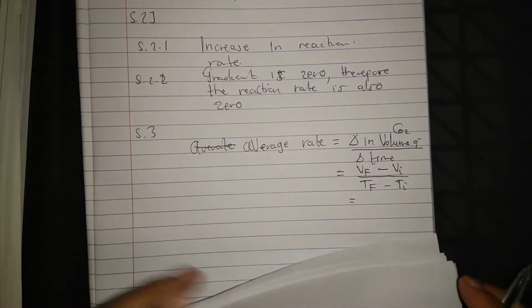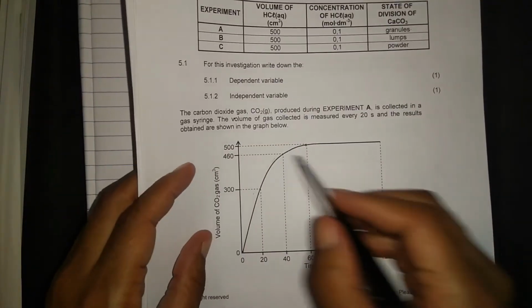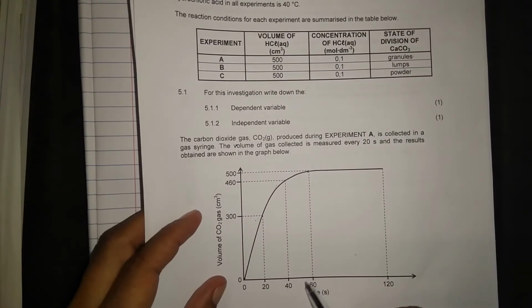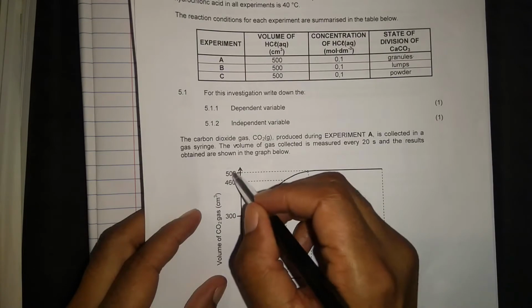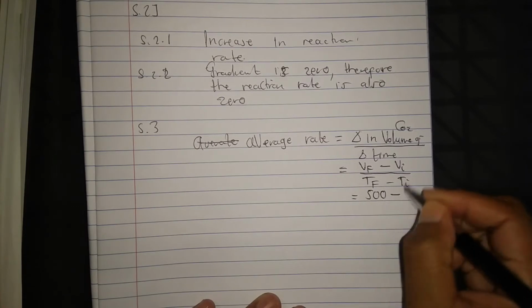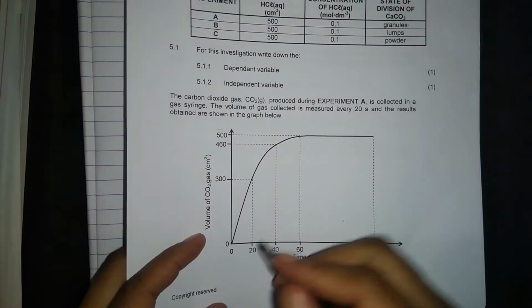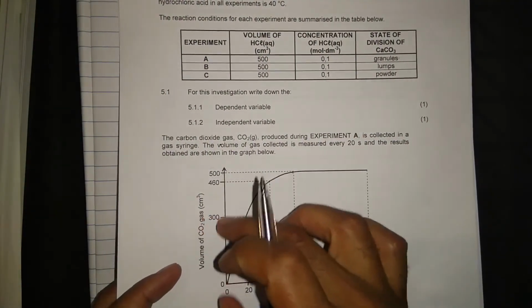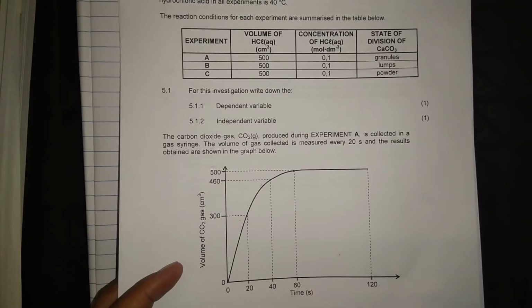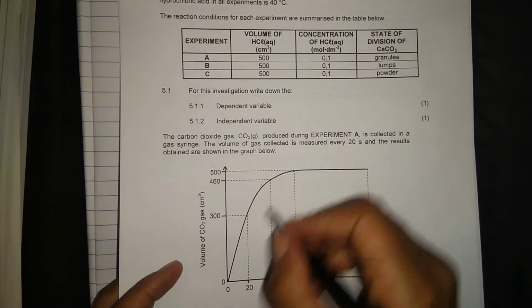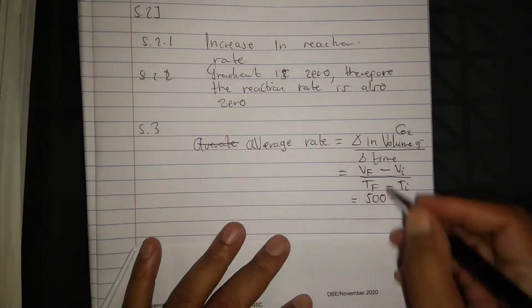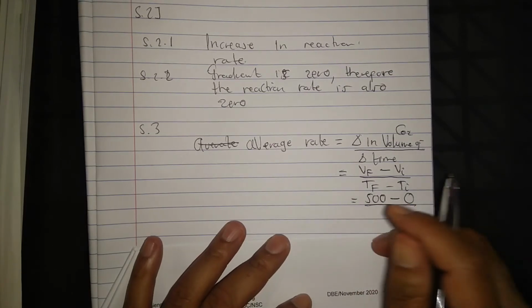What's the final volume? The final volume, as in the sketch, is 500. If the reaction takes 60 seconds, the total volume for the whole reaction is about 500, minus the initial volume, which was 0. Carbon dioxide is a product, so initially we have 0 product, but as the reaction progresses the gas produced increases, so initially we had 0 volume.